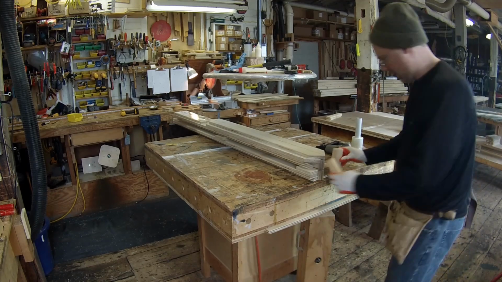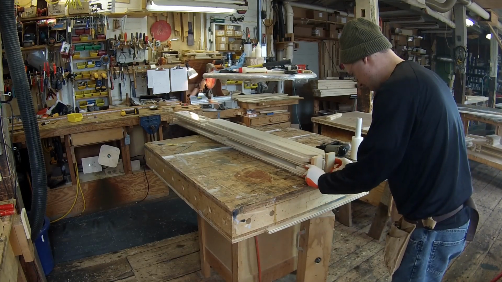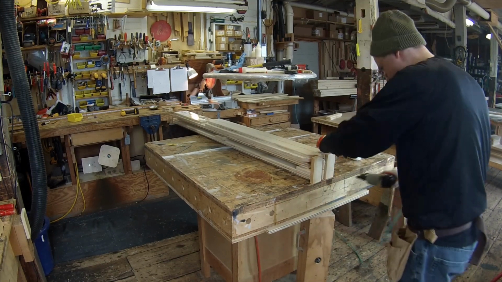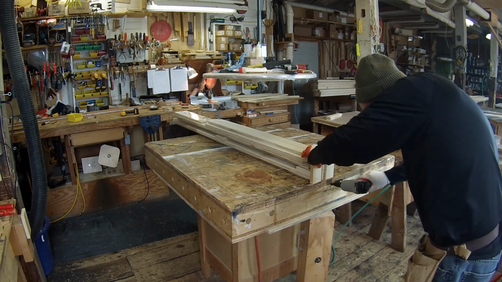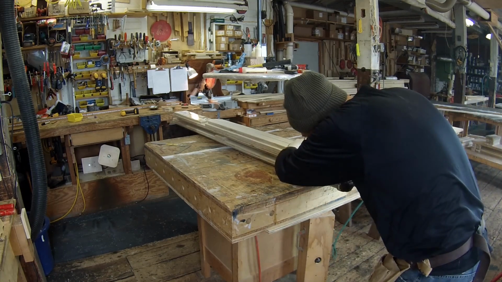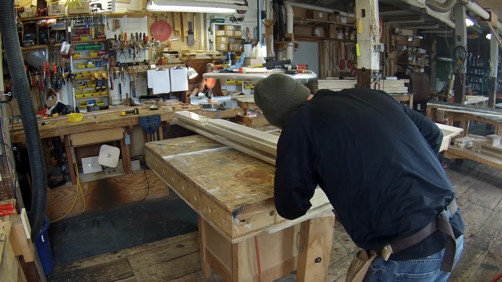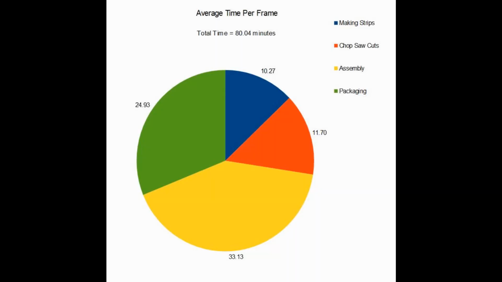I have to add a lot of extra building material to protect the sharp edges, and it just takes a lot of time to make sure that that step is done right. Yeah, so packaging is a really big part of this operation.